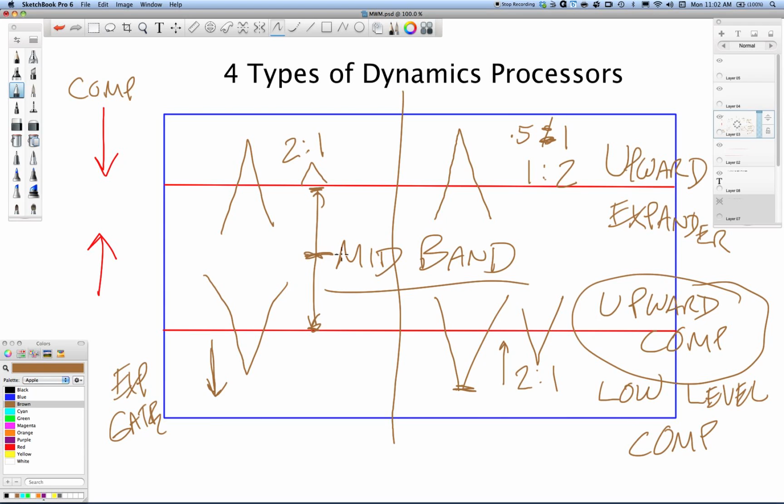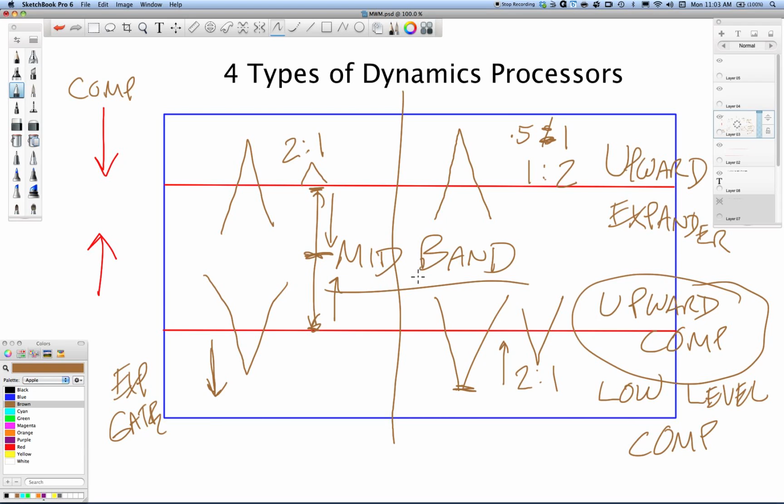So if your threshold was set here, it would basically take all the signals between here and pull this downward, pull this upward based off of the ratio, and then pull the overall gain up. So the idea is that you could take information that exists here in the mid level area, and compress it. And this was used for noise reduction systems with Dolby. That's where the development of that from the analog technology realm came from. And these are also available in plug-in processors.